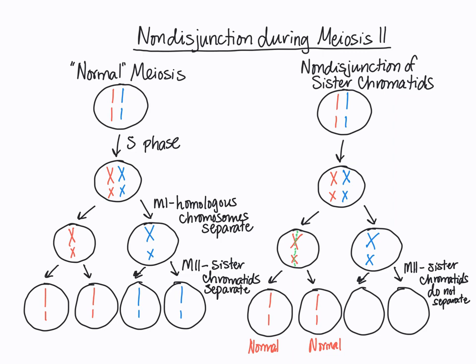But if we look at this daughter cell on the right, maybe the sister chromatids of this top chromosome do not separate properly, whereas maybe the sister chromatids on the second chromosome would separate properly. So what we end up with is one cell that is missing a chromosome and another cell that has an extra chromosome. This one right here would be -1 chromosome. This one would be +1 chromosome.